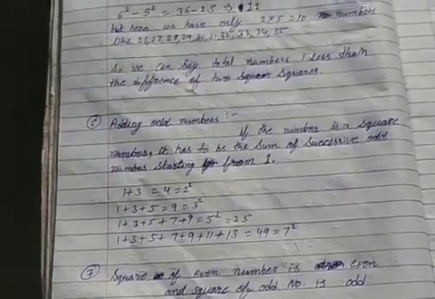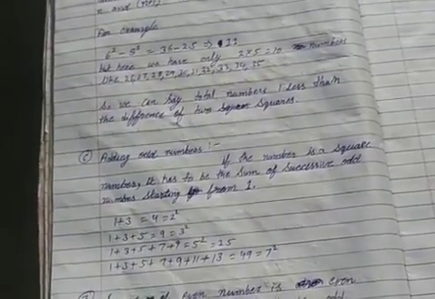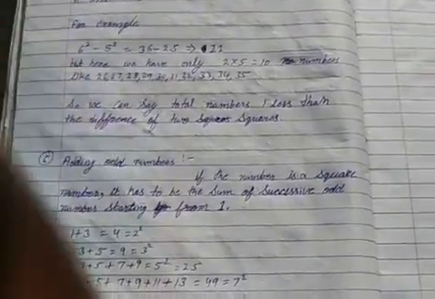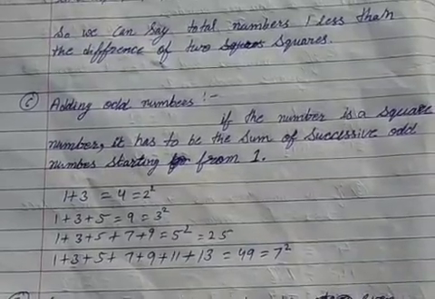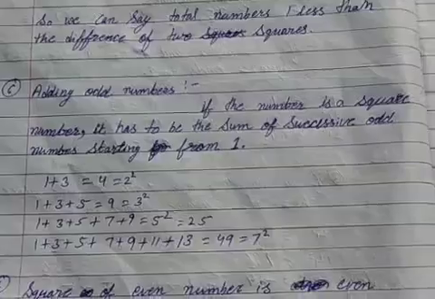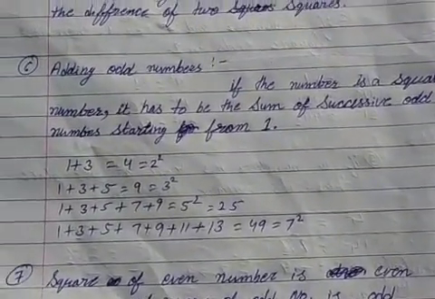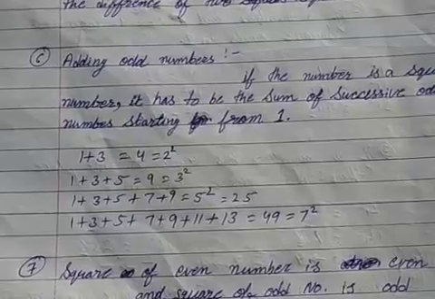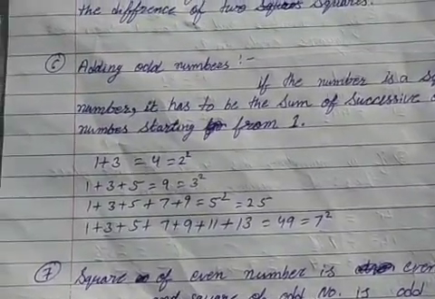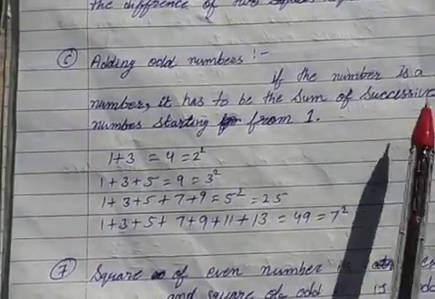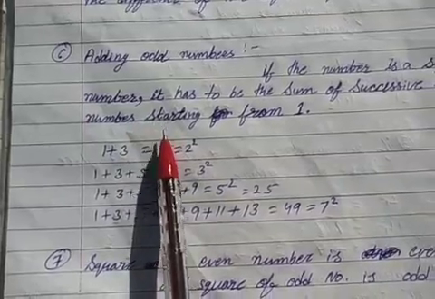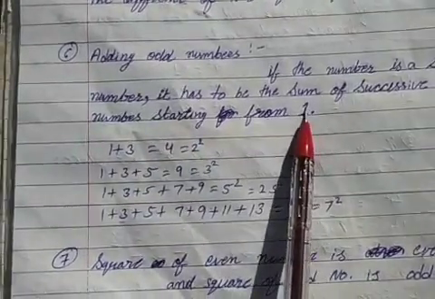Sixth property of a square: adding odd numbers. If a number is a square number, it is the sum of successive odd numbers starting from 1.